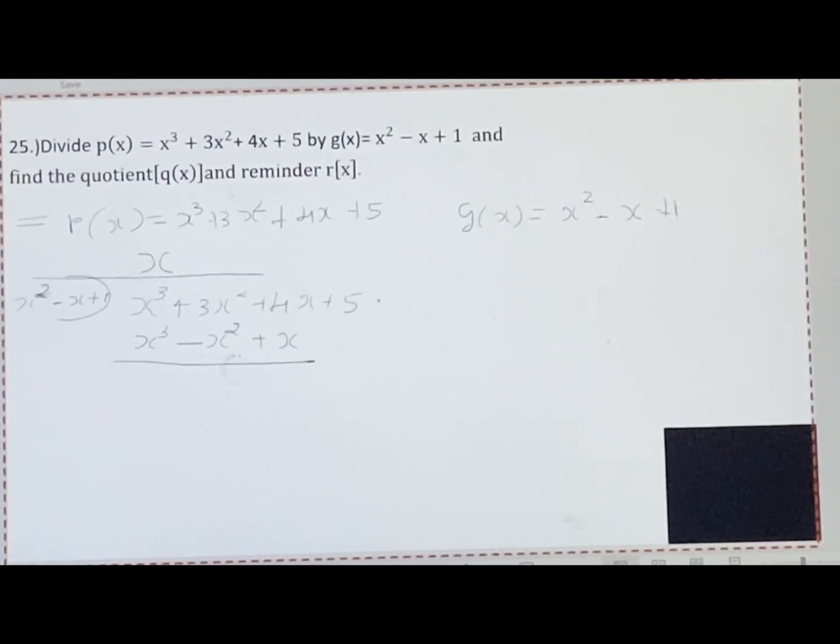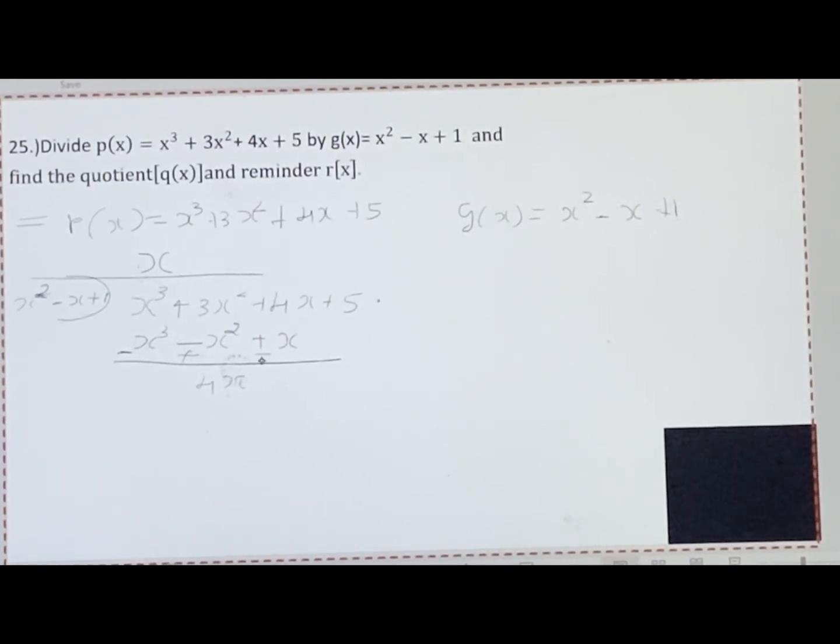So now I'll subtract this. So while subtracting, the sign will get changed. Whatever plus we have, we make it minus, whatever minus we have, we make it plus. Now x cube and minus x cube will get cancelled, and 3x square plus x square is nothing but 4x square.